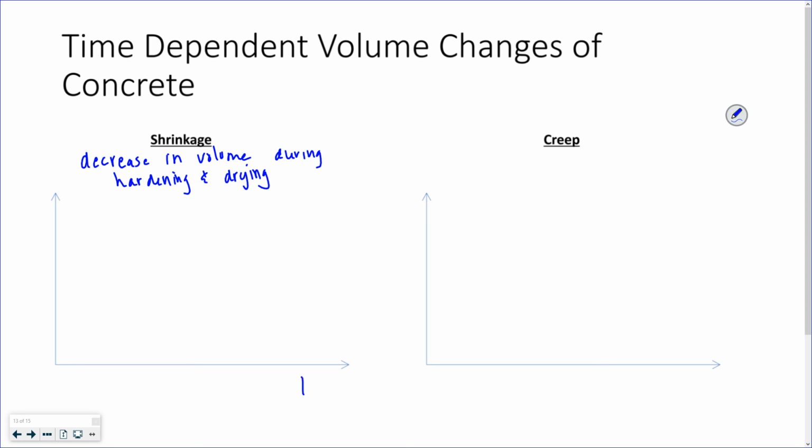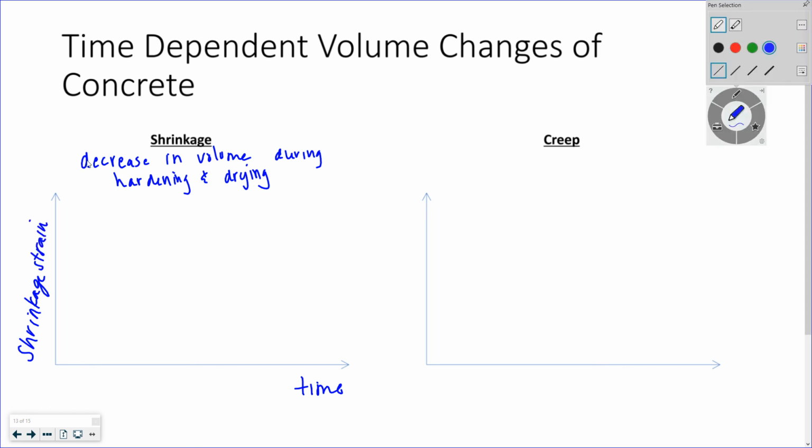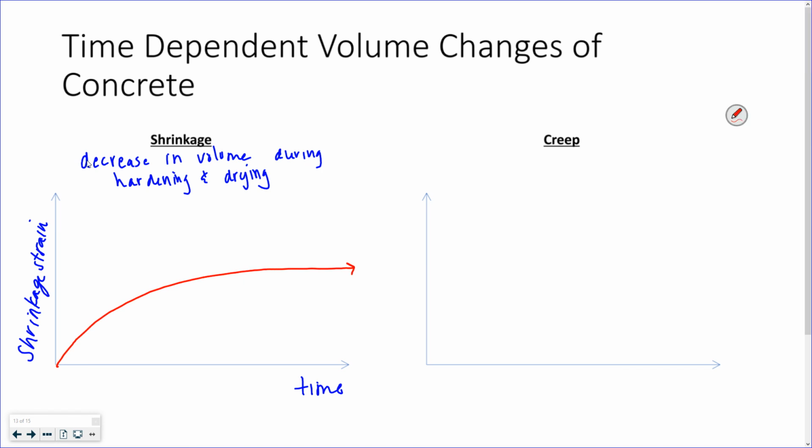So with time, there's some shrinkage strain. You have a lot at the beginning, and then it evens out over time. It'll start to get drier and drier, so there's less shrinkage.